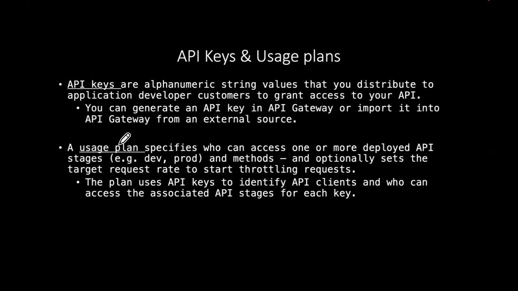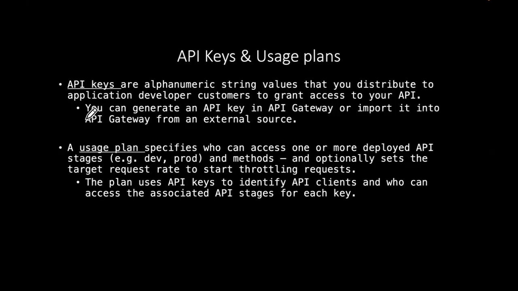So you link a usage plan with an API key. The usage plan defines the scope, if you like, of the API key's usage in terms of rate limits, as I said, and also in terms of which particular stages of the web API it has access to, which endpoints, and which methods of which endpoints.